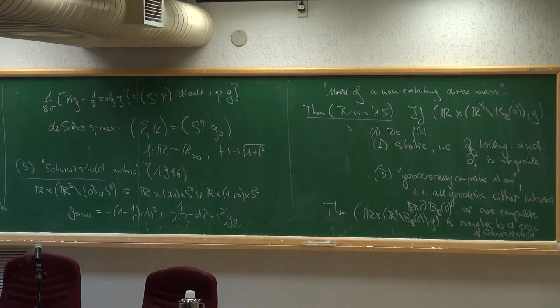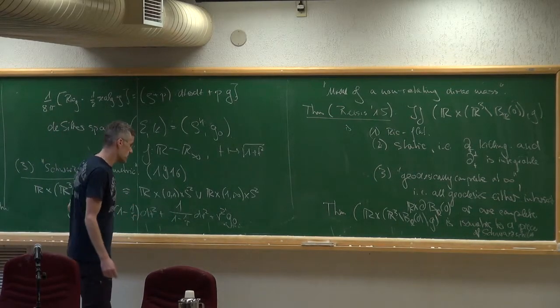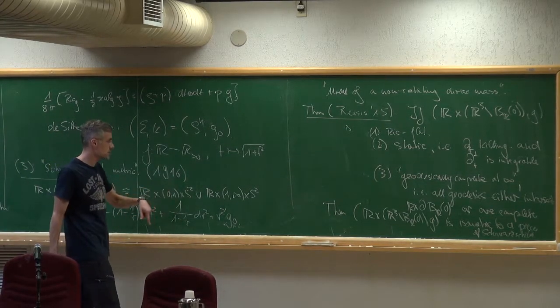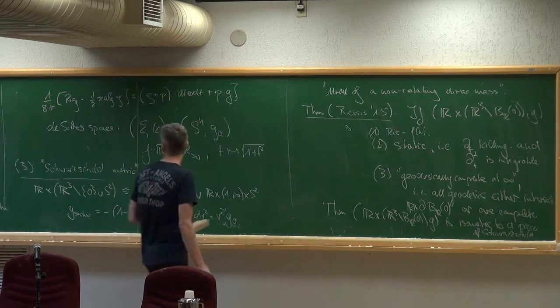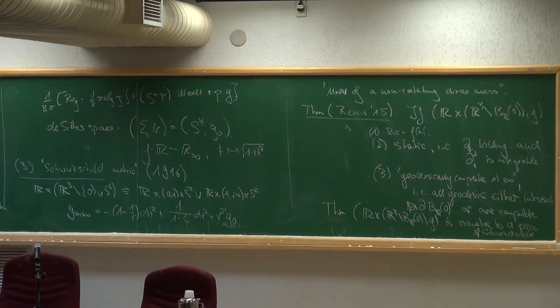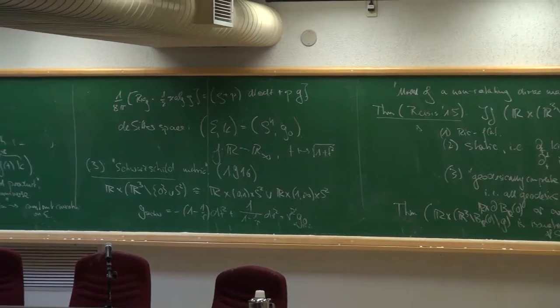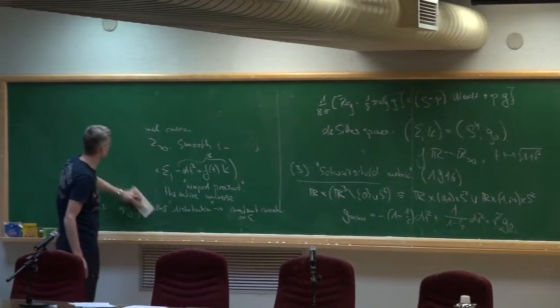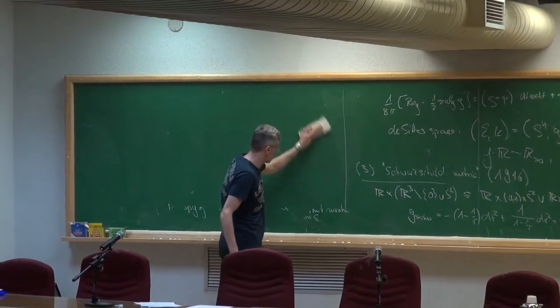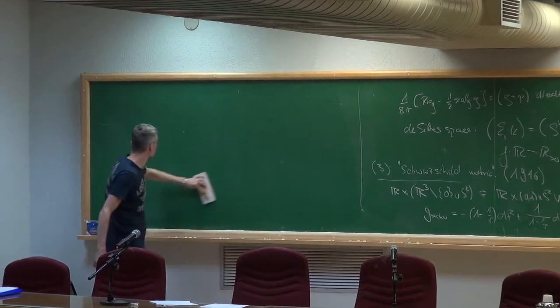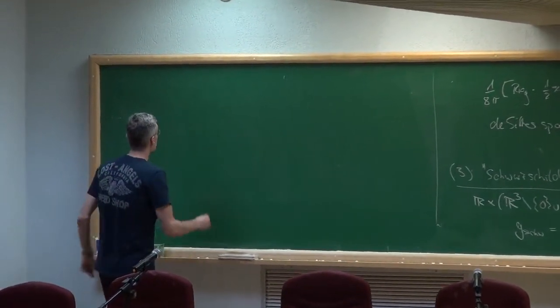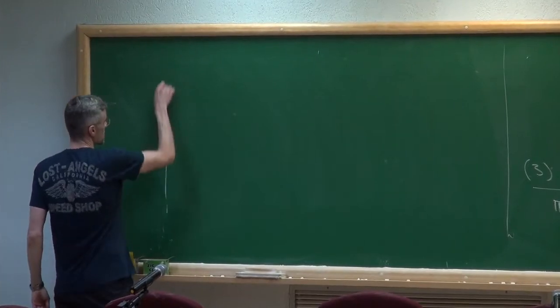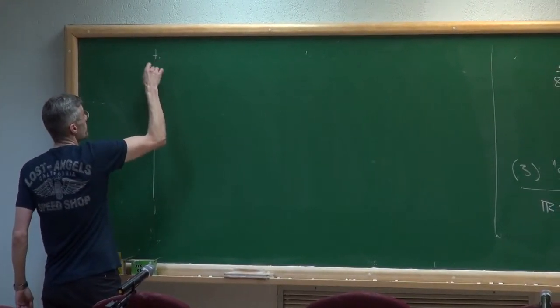Okay, so why is this dichotomy here? What is this good for? This R times S^2. The usual picture you would draw when you talk about Schwarzschild is you have the central axis, which is forbidden.